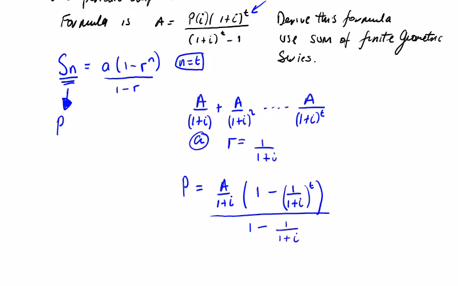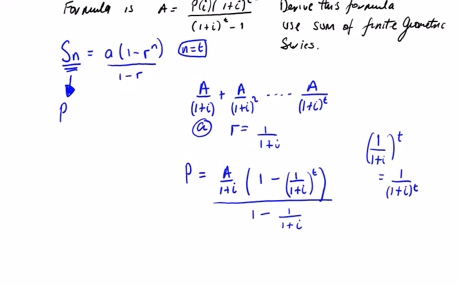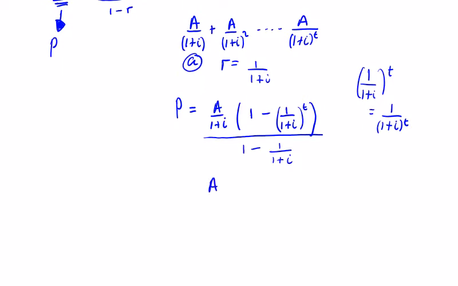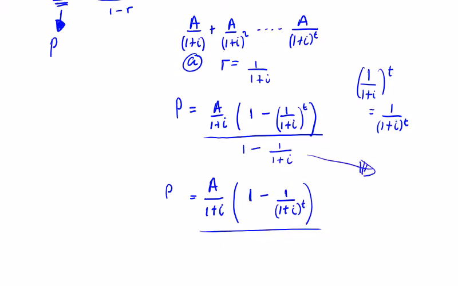So if we simplify both of these brackets, 1 over 1 plus I to the power of T, well, 1 to the power of anything is 1, so it's just 1 over (1 plus I) to the power of T. And the bottom is just this part of it. We'll simplify the top first: A over 1 plus I times 1 minus 1 over (1 plus I) to the power of T. Then the bottom we can simplify off to the side and then fill it in.